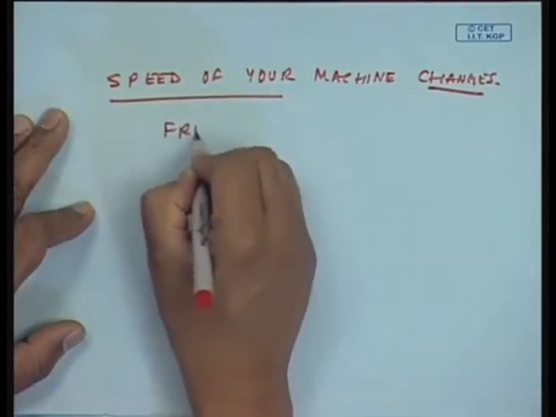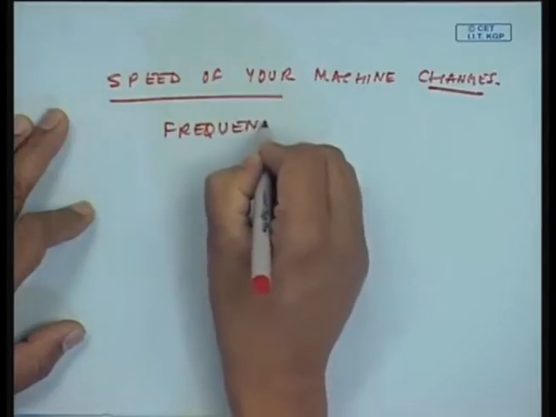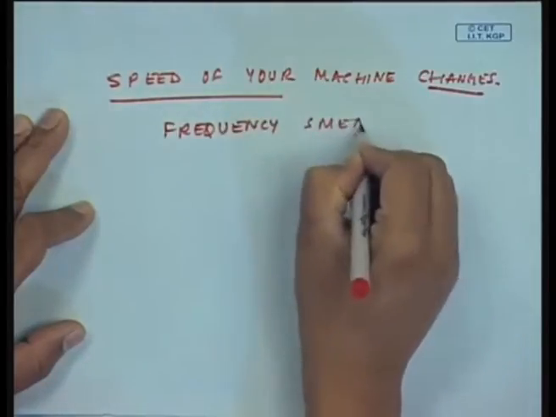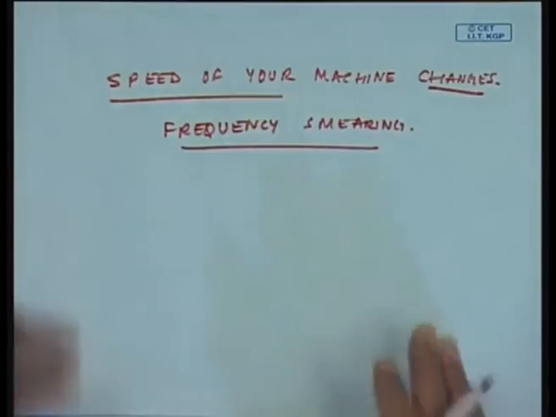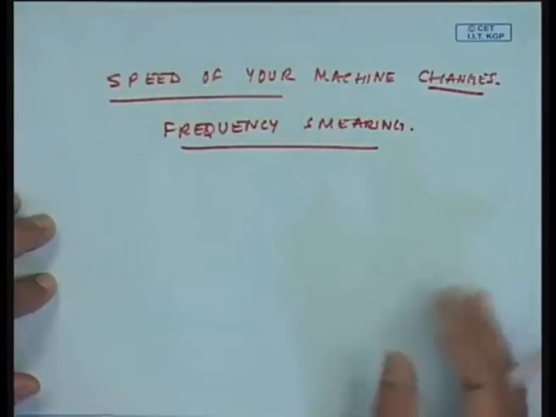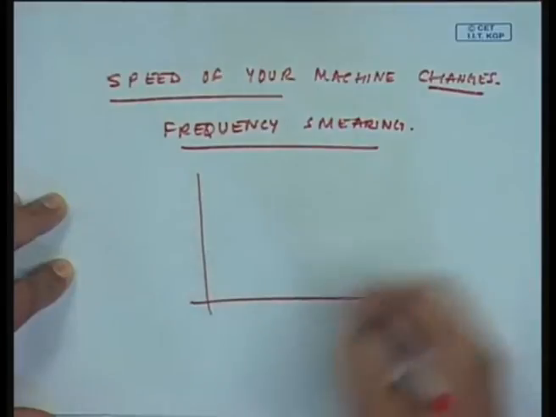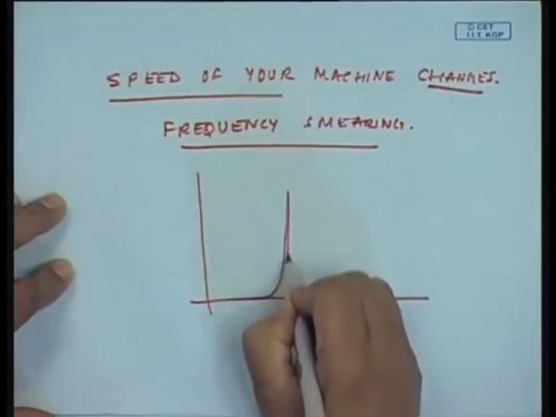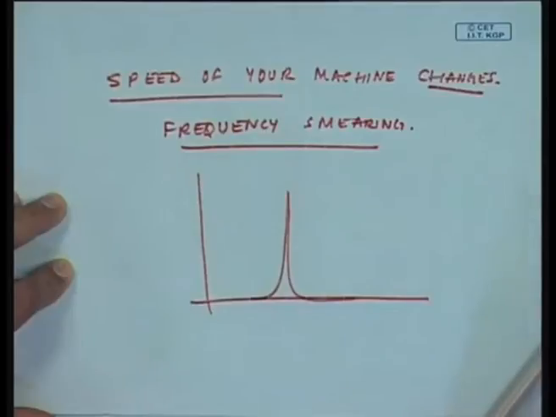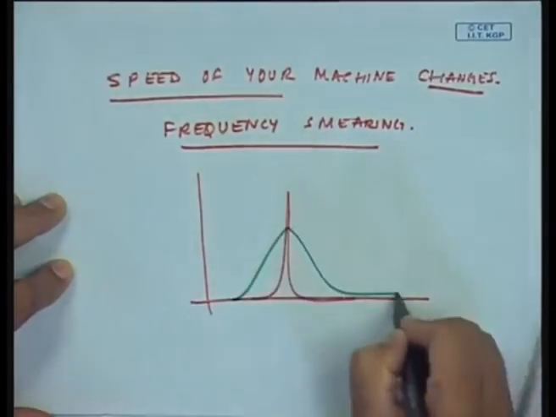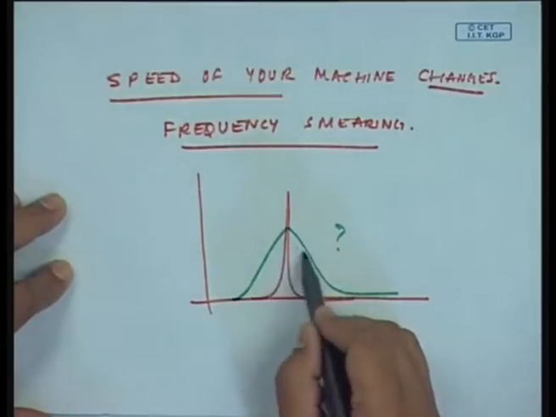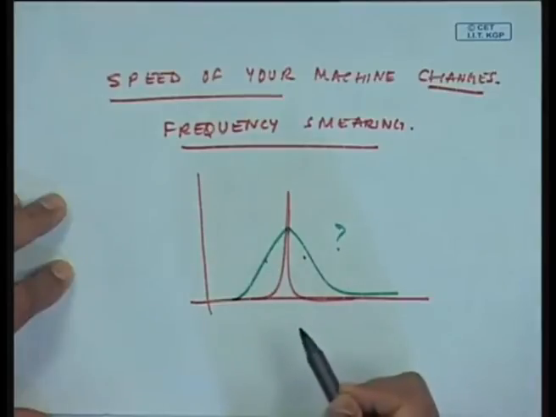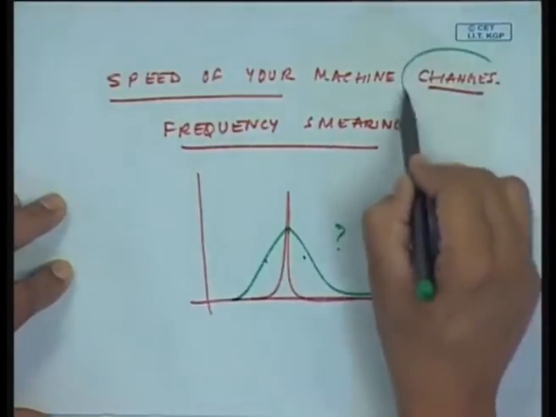We will have frequency smearing, okay, because once it was say 10 hertz, next time it was 10.1 hertz, next time it is 9.1 hertz. So, if you do multiple averages, instead of getting a sharp peak, you will end up with a signal like this. So, now you will be confused. Now, what has gone wrong with my machine? Is it this frequency? Is it this frequency? Is it this frequency?